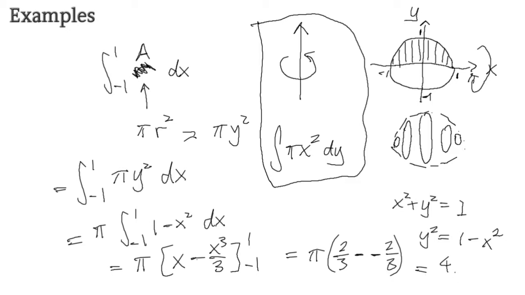We have 4/3 pi. According to the limits, we have a unit sphere, which is supposed to be 4/3 pi r cubed. So r is 1, so r cubed is also 1, so we have the correct volume.